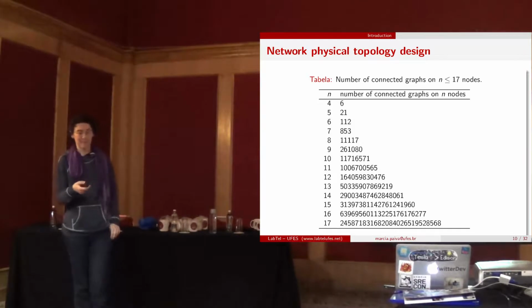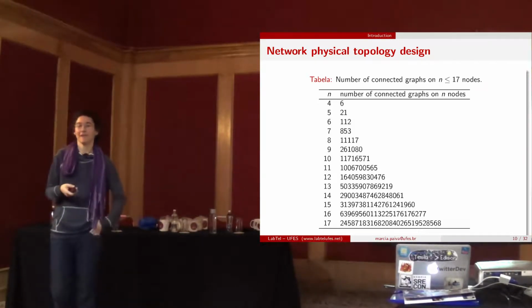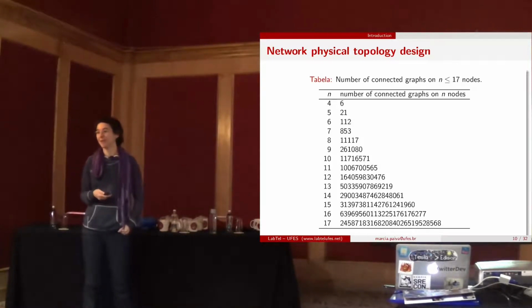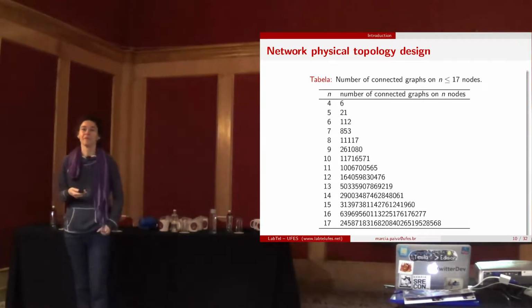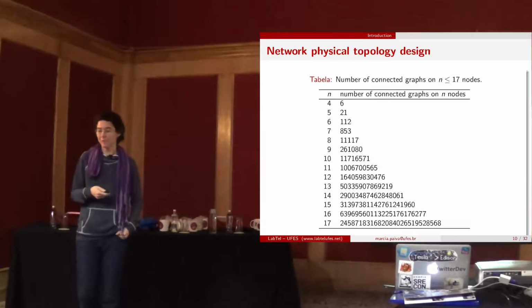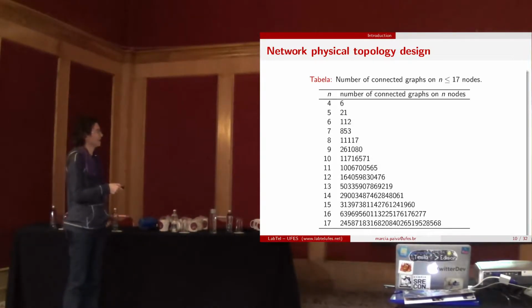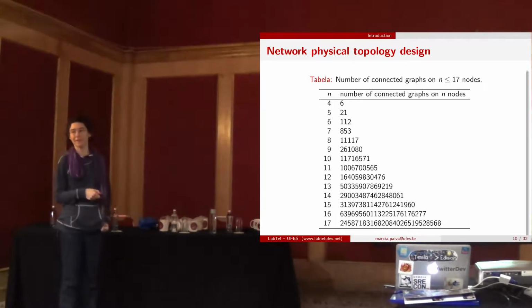So why is this problem important, or why is it difficult? Because we cannot try every graph, every possibility. For instance, here we show the number of nodes, and here the number of connected graphs with this number of nodes.